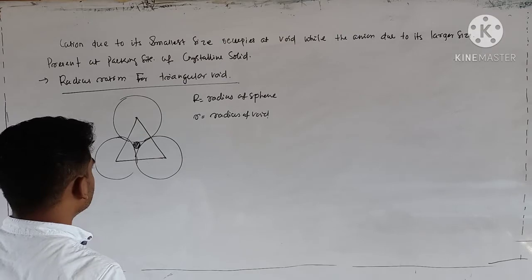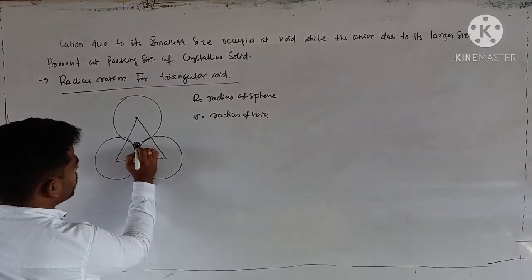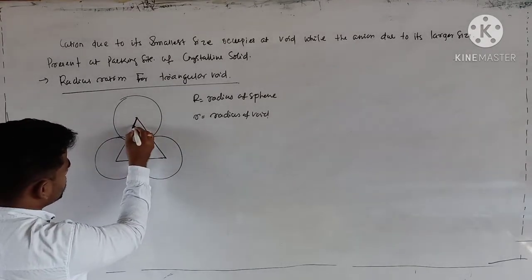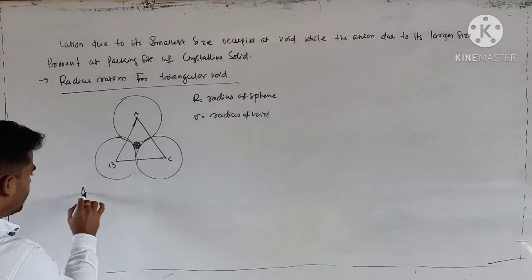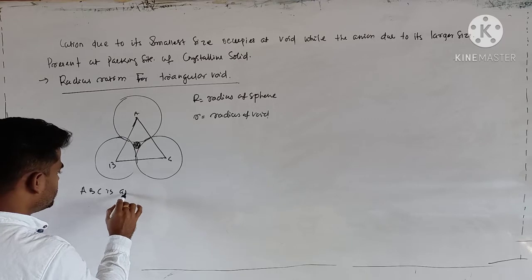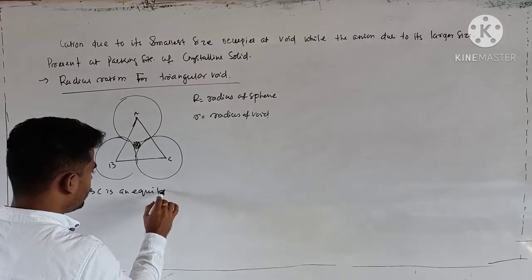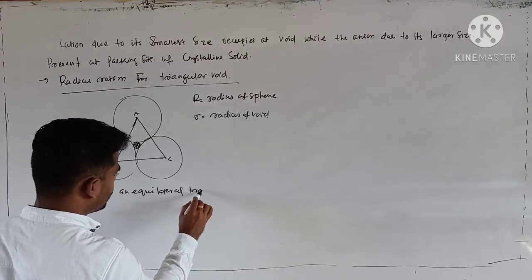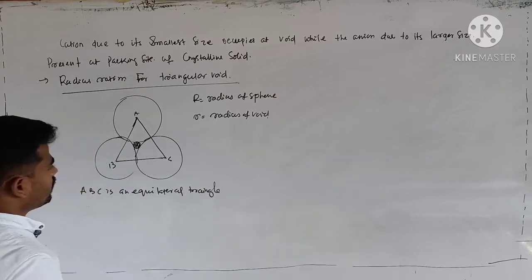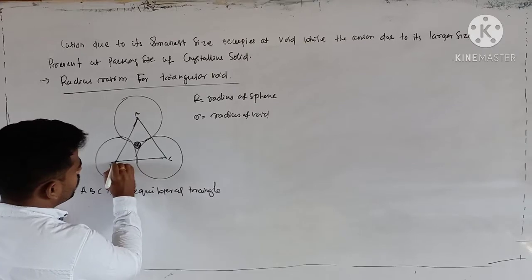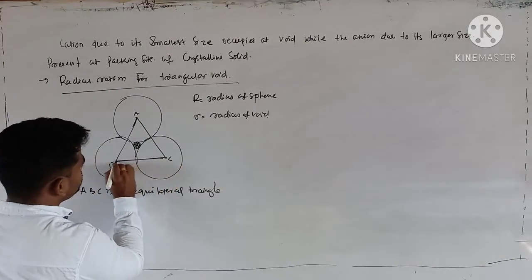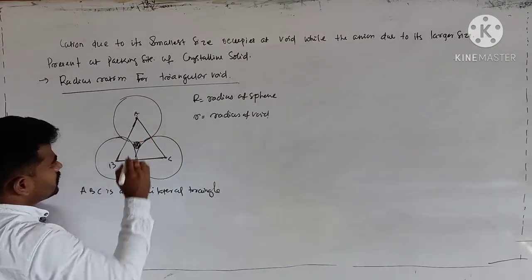Now if I join each center, A, B, C is an equilateral triangle.